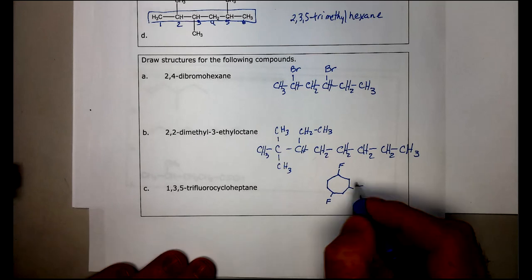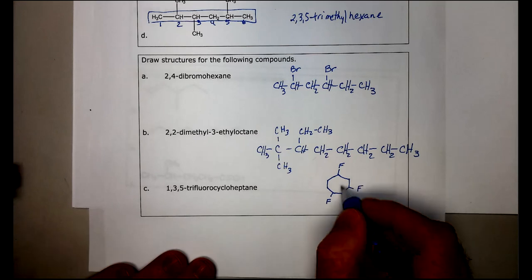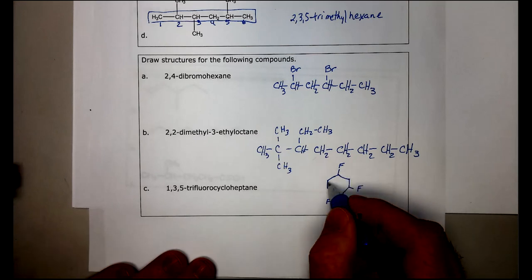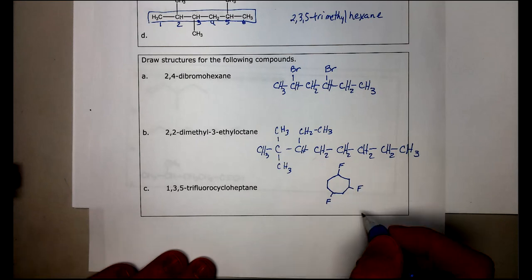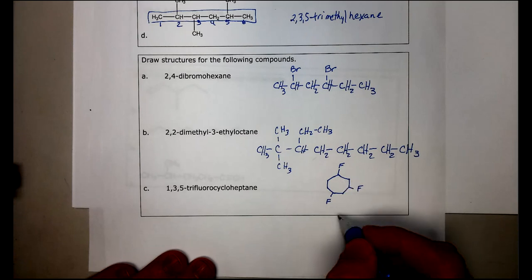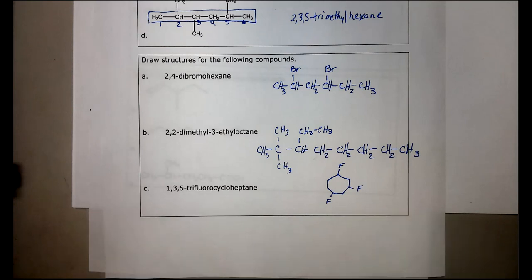And it's 1, 3, 5, because if I count the other way, it'd be 1, 4, and 6, and that would be a larger possible numbering. So we're always going to number in the way that gives it the smallest possible numbering. So that would give us some examples of some structures.